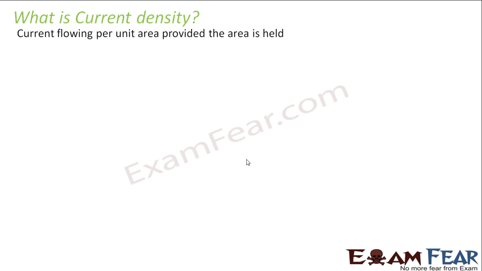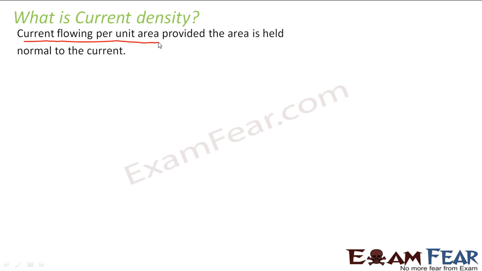So current density is nothing but the current flowing per unit area, provided the area is held normal to the current. In this case, current density is current flowing per unit area, but this area here is not a scalar quantity. This area is an area vector. We have also spoken about area vector when we were studying flux in one of our previous lessons. Area vector is something where not only the magnitude of the area but also the orientation of the area plays an important role.